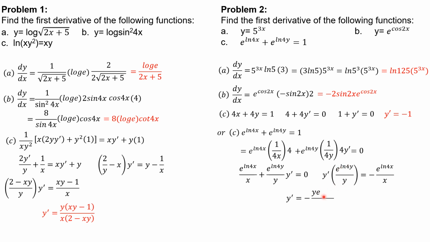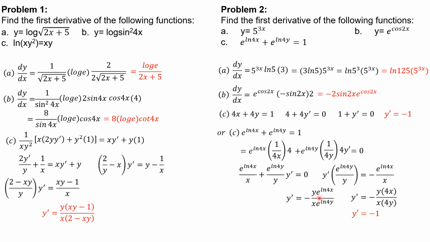So y prime times e to the ln 4y over y equals negative e to the ln 4x over x, which is that. So simplifying, y prime is negative y e to the ln of 4x all over x e to the ln of 4y.